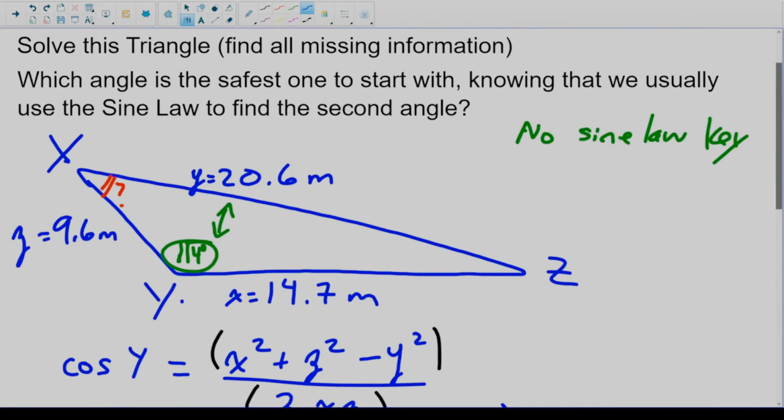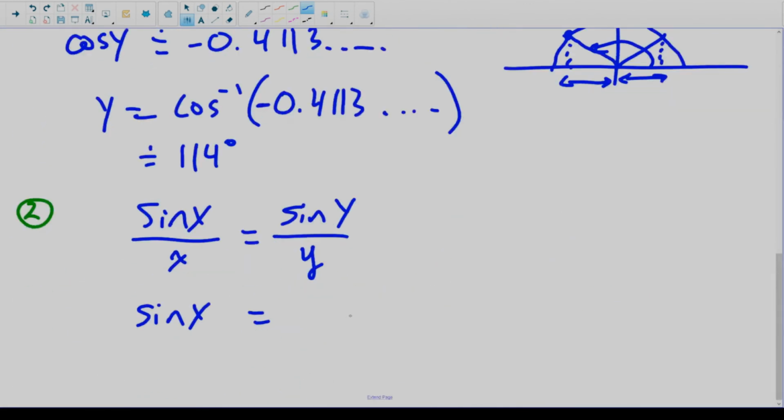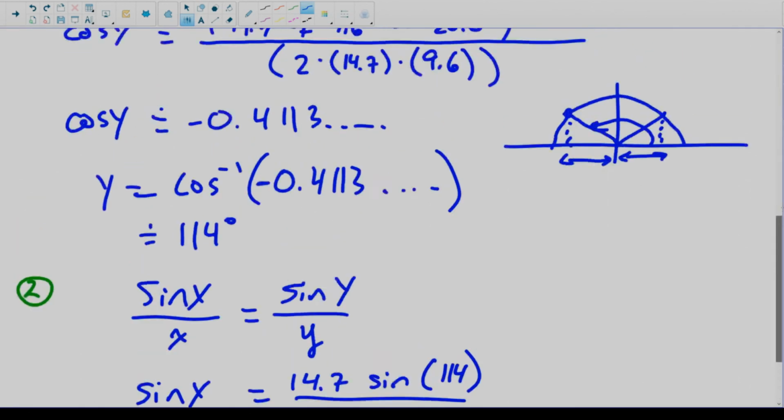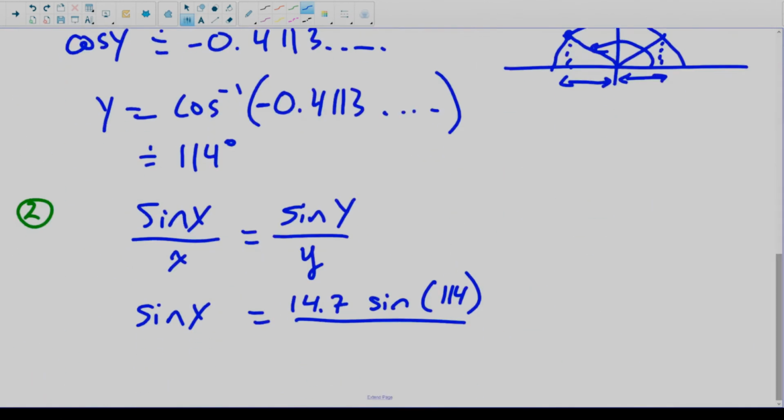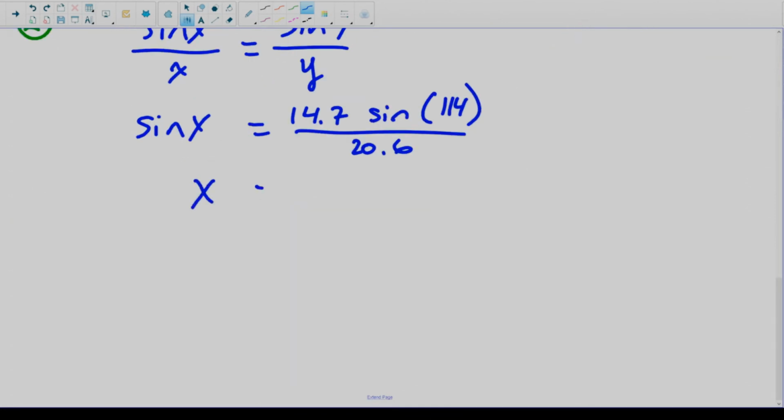So little x is 14.7 times sine of big Y, which is 114, all divided by little y, which I've forgotten the value of, 20.6. So I'll just do that off to the side and arc sine it as well.